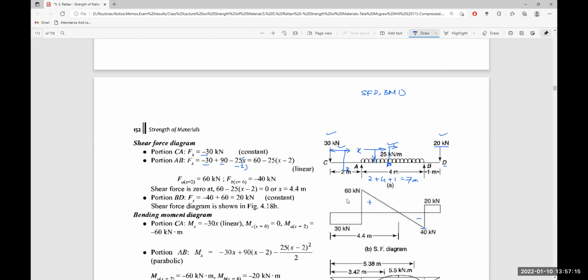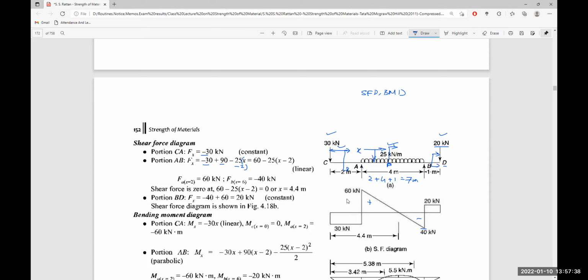Now, if we take the section again here, the shear force has two vertical reactions, at A and at B, acting upwards, which are positive, and one negative force of 30 kilonewton acting downwards, and another negative 25 into 4, 100 kilonewton, which is also acting downwards.